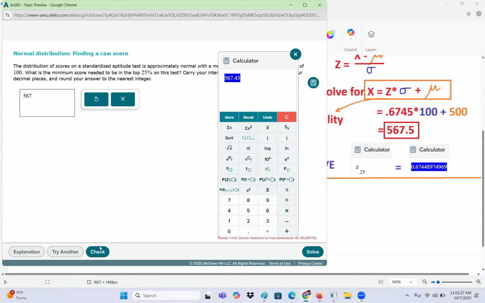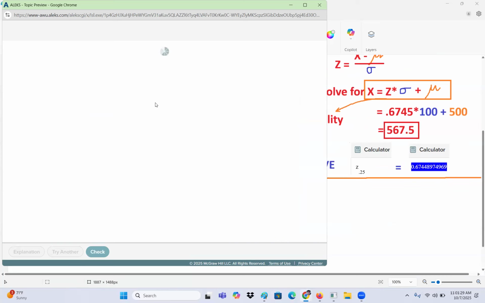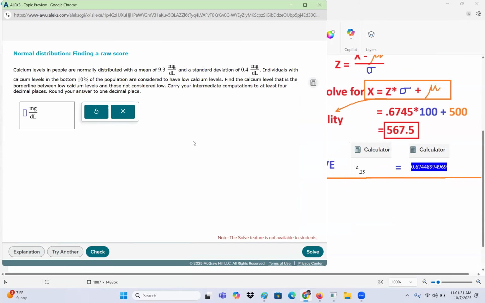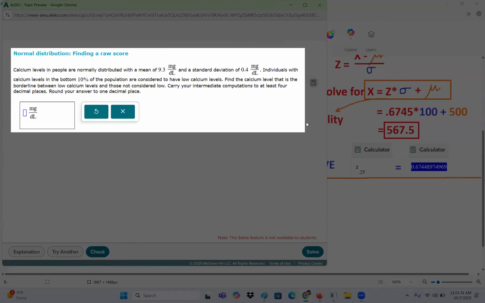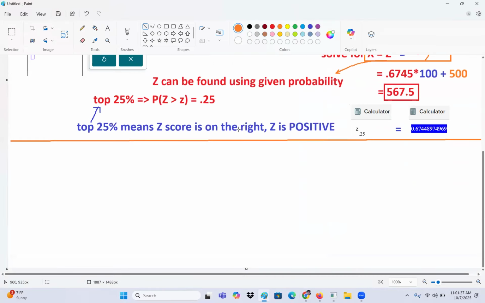Let's try one more. Whenever you see the bottom, when you find the Z score, you have to do 1 minus.